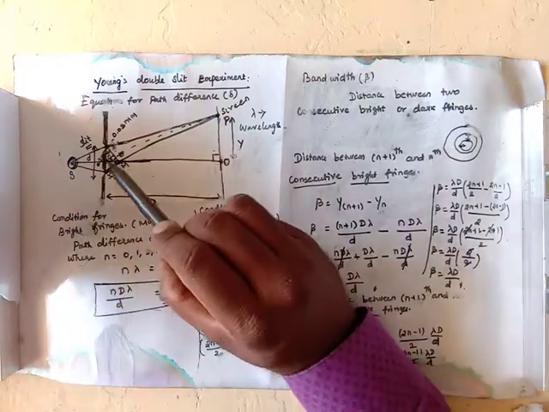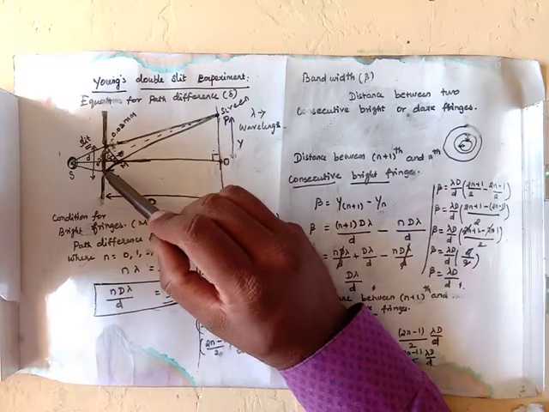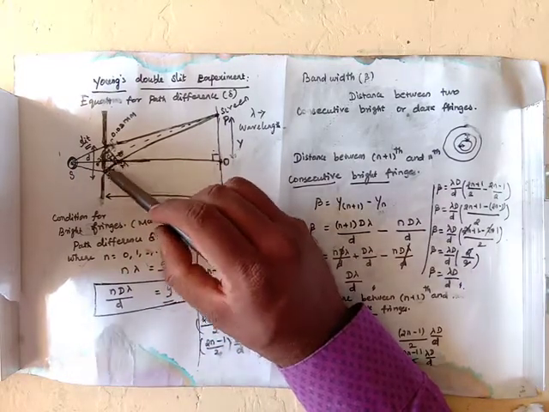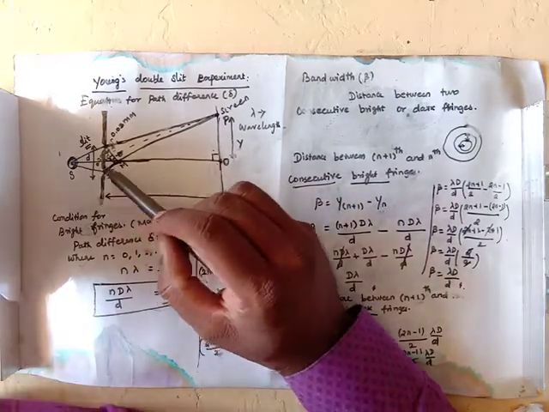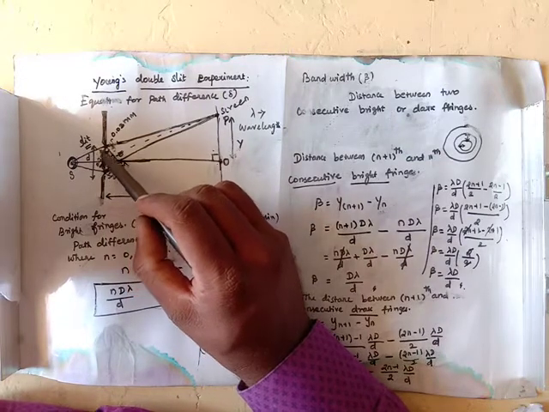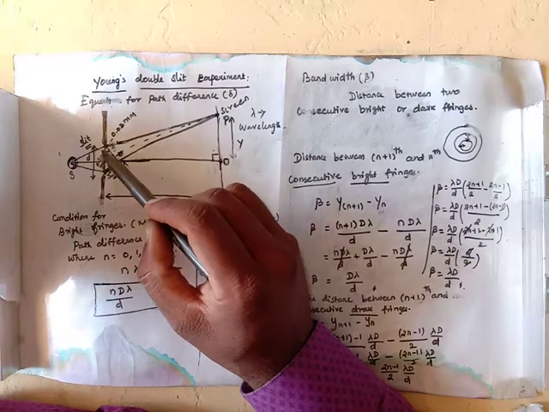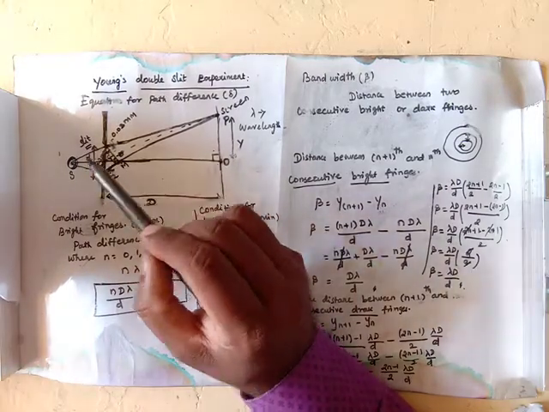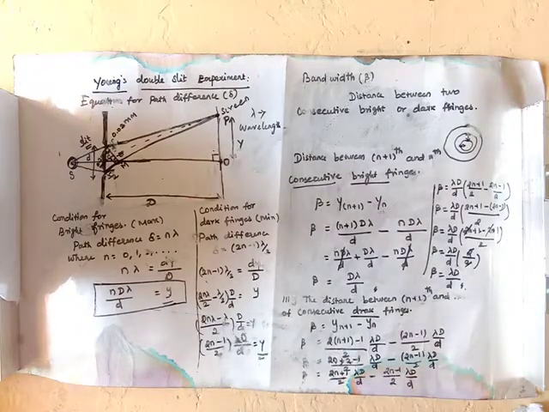Next, the two coherent sources S1 and S2 must be as close as possible. As you know, the distance d is only 0.3 m, so it must be as close as possible. These are the conditions for obtaining a clear and broad interference band.